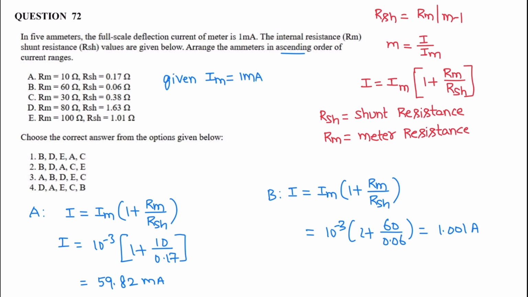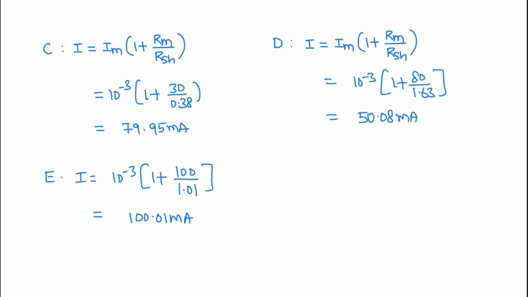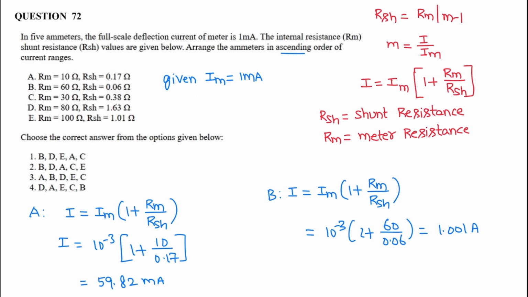For B it is 1.001 ampere. For C it is 79.95 ampere. For D it is 50.08 ampere. For E it is 100.01 milliampere. In the given options, D is lowest and B is having the highest value.